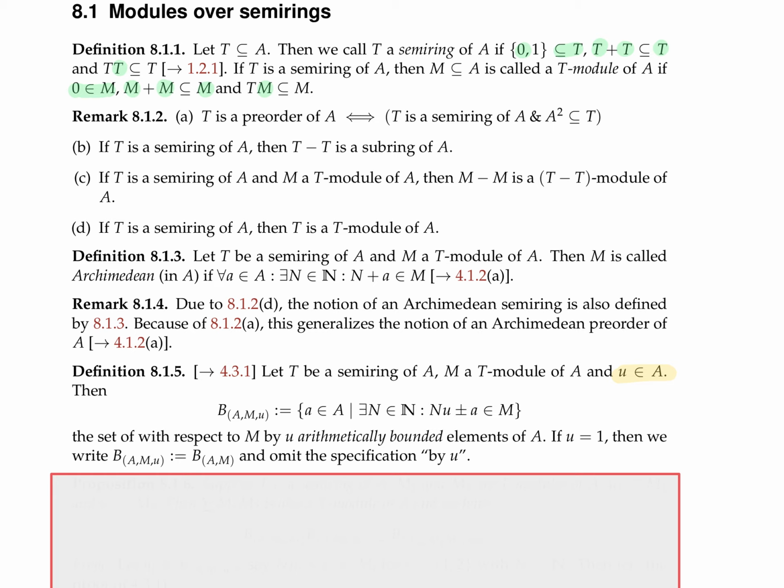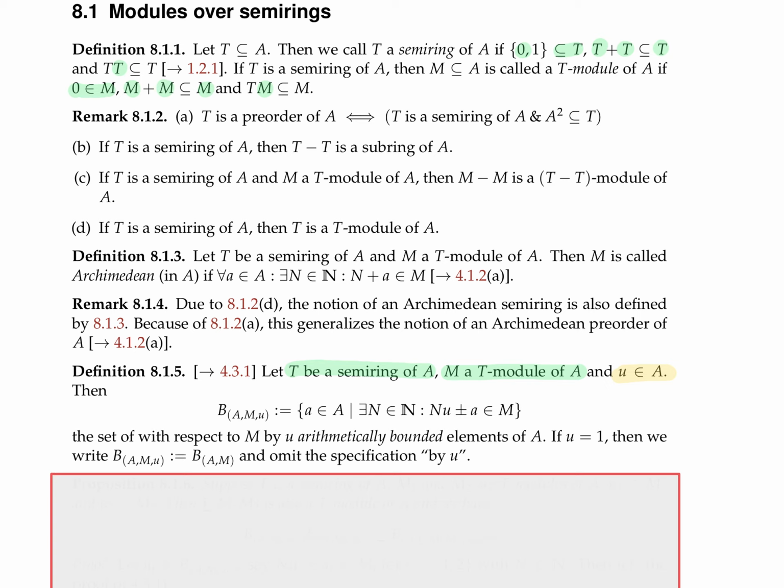And I have a semiring and I have a module over this semiring. Very general setup, right? Just abstract. For example, instead of M, I could just look at T itself, because T is a semiring over itself.